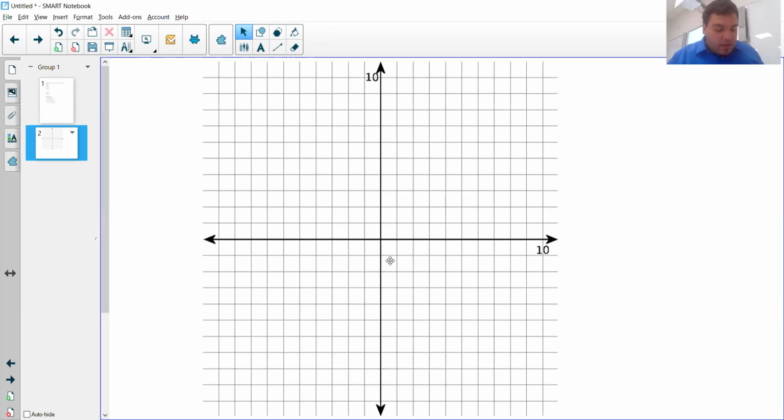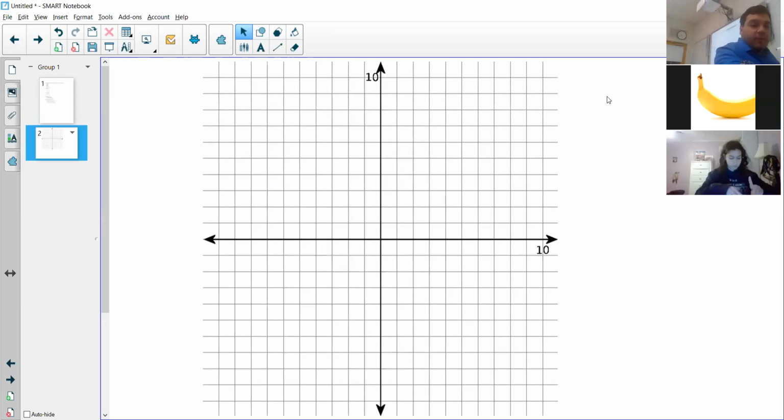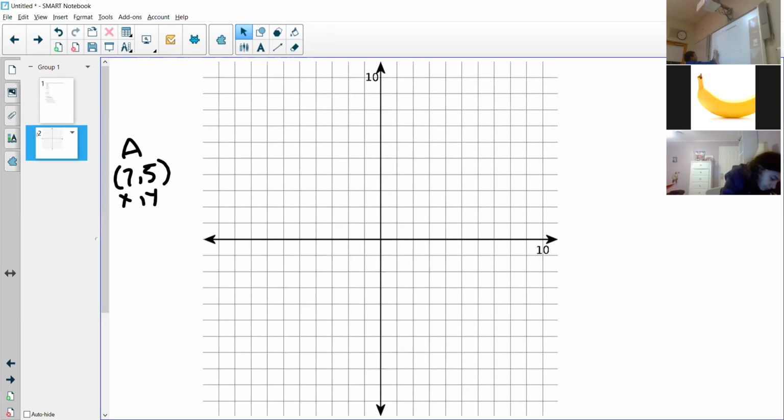So let's go through it. Let's do A first, which is (7, 5). So remember, it's X and Y. So I have to go left or right first and then up and down.